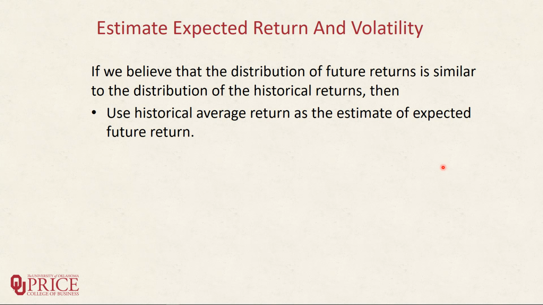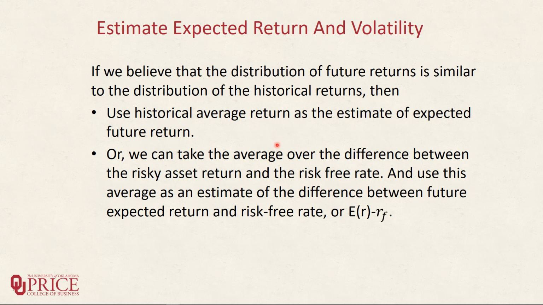To estimate expected return, we can use the historical average returns. Or instead of directly estimating the expected return, we can estimate the risk premium of the asset, meaning the difference between the expected return and the risk-free rate.